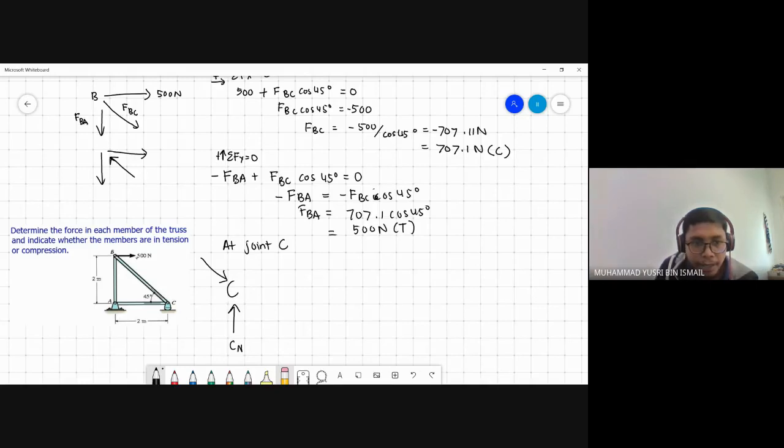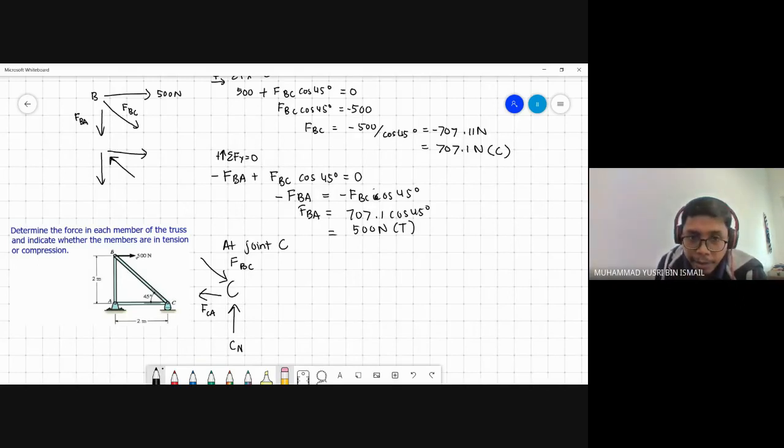And then I also know that there is another force which is from C to A. I assume it as a tension. So FCA, then FBC.